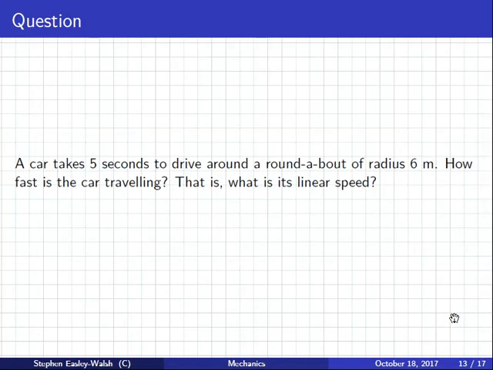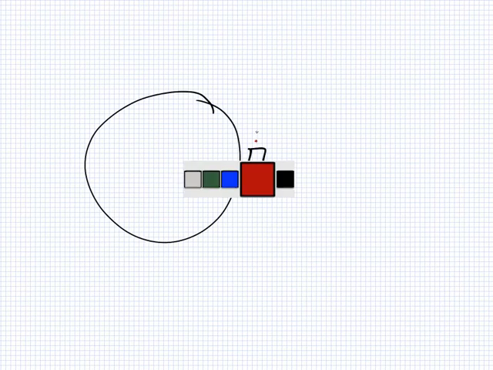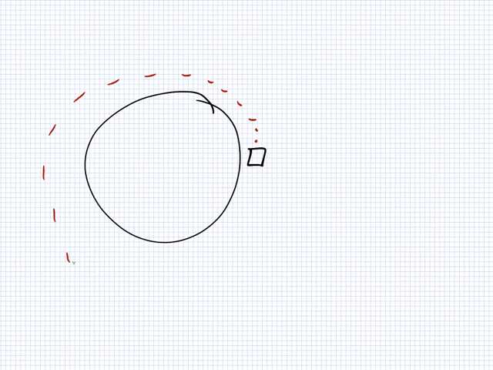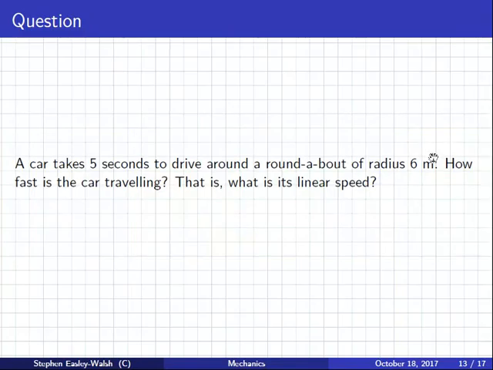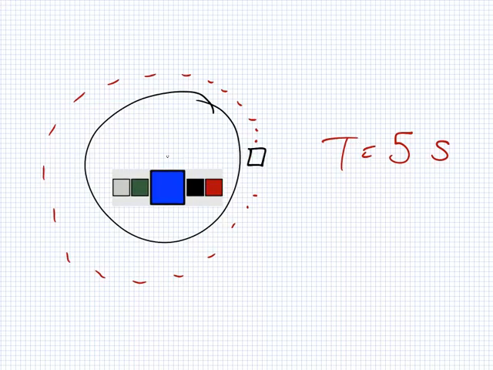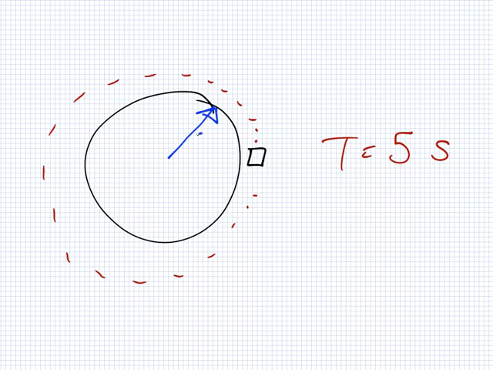A car takes 5 seconds to drive around a roundabout of 6 meters. How fast is the car traveling? So, here is our car, and it goes like this. And this takes 5 seconds. And the radius here is 6 meters.